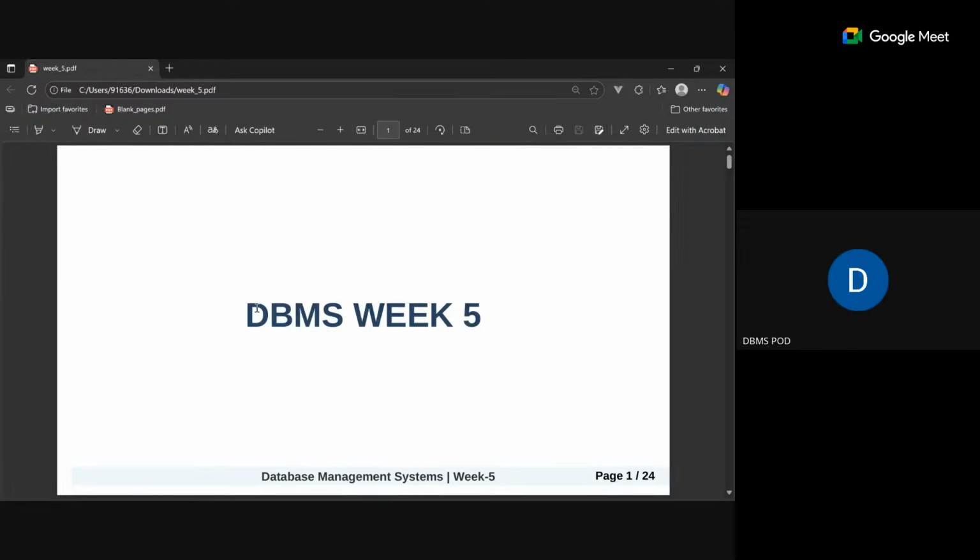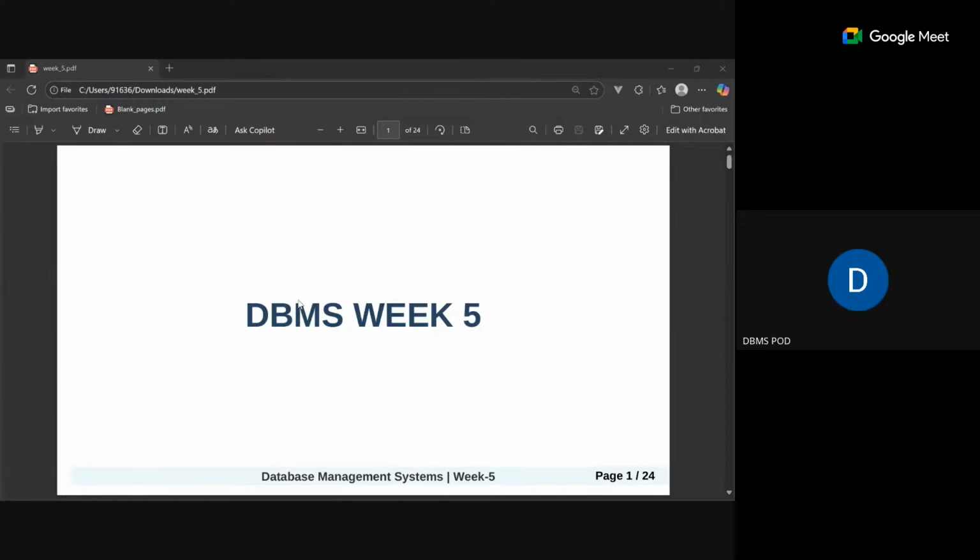But I'll try to cover it in a simpler way so that you will understand all those concepts. Still, you might have to rewatch once again, or practice all those questions, because this is very, very important in order to design a schema of the database.